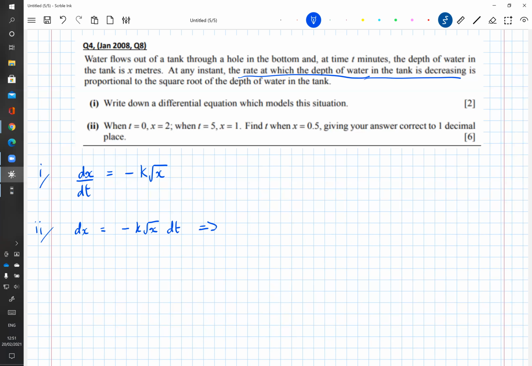And if you leave the k attached to the root x, when you take it over to the other side, it does make the integration slightly more difficult. So all I'm going to take over is the root x.